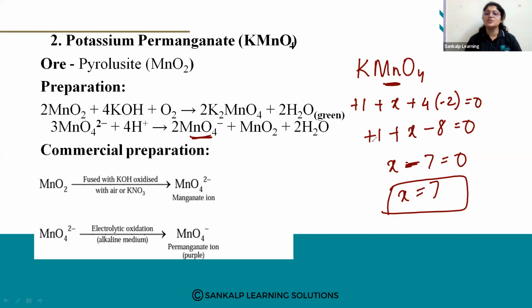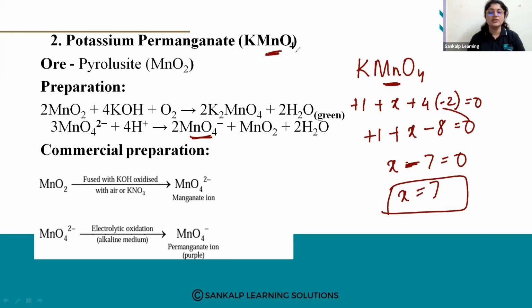There are 4 oxygen atoms, so plus 1 plus x minus 8 is equal to 0. Minus 8 and plus 1 become minus 7, so x equals 7. So in potassium permanganate, the oxidation state of Mn is plus 7.